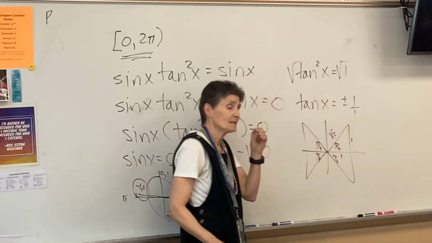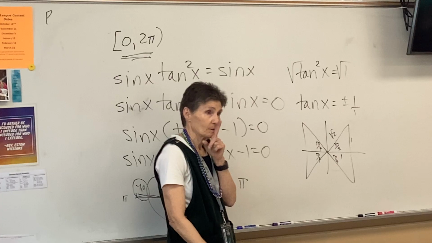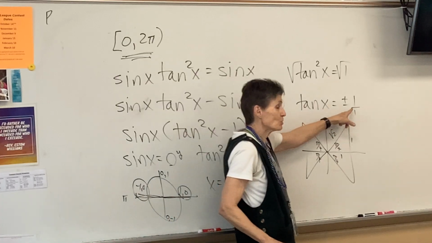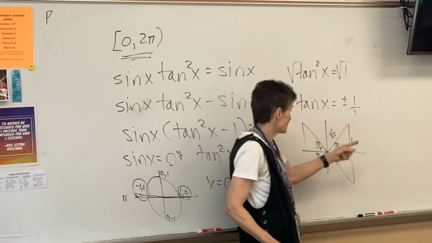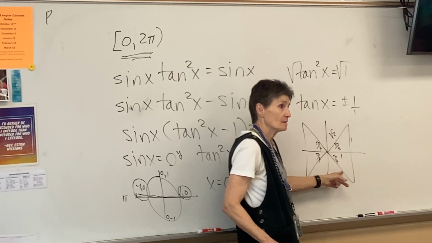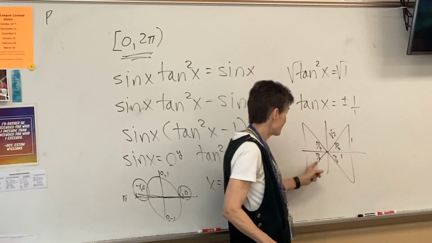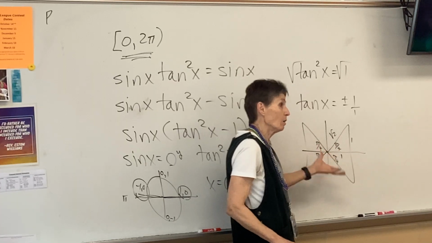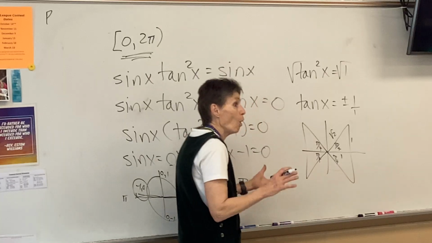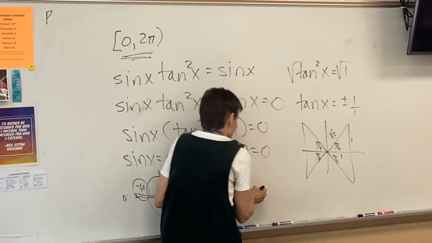Okay. Now, you guys, listen. This says the tangent could be positive or negative. It does not mean it could be any of these. Because here it's positive, here it's negative, so it's all of them. So what are all of those angles?